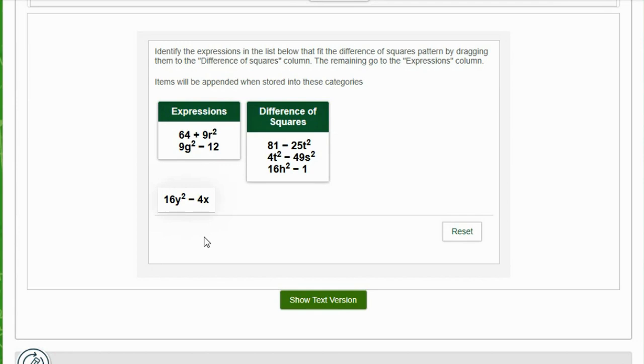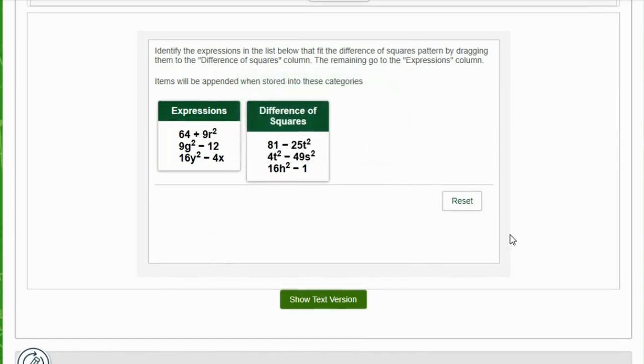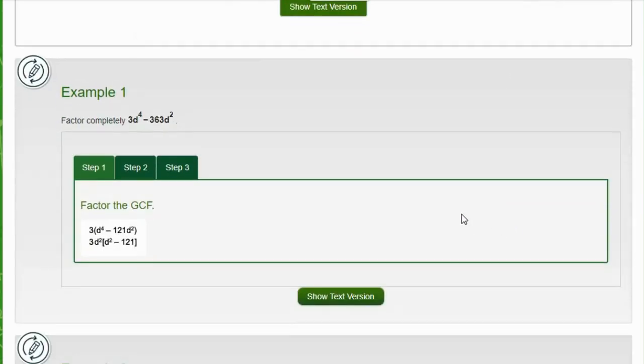Well, the problem is the x, right? 16y squared, that's 4y times 4y. But the 4x is going to be like 2x times 2. There's not another x, so the 4x is not squared. If the x was squared, we'd be in good shape. But no, that's just an expression. All right, good job.